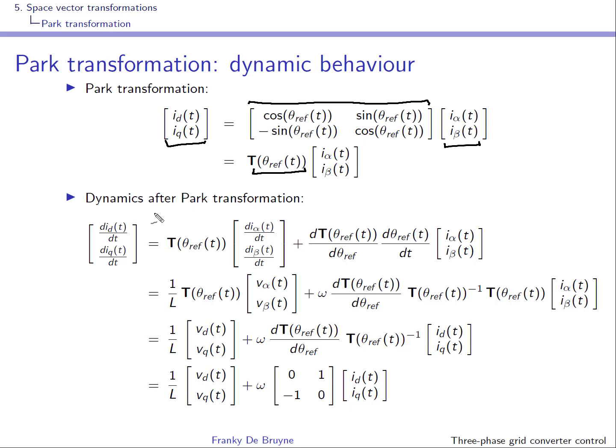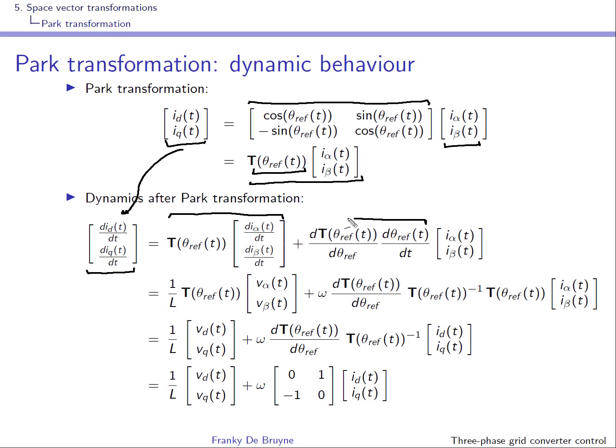Let's now look at the dynamics after Park transformation. So we need to take the time derivative. This is what we obtain over here. We need to take the time derivative on the right hand side, and here there are two components that are time dependent, so I expect two terms, and indeed this is what I see. So we'll take this one times the time derivative of these two signals. This gives you this first term over here, and now we have to take the time derivative of this one acting on these two signals.